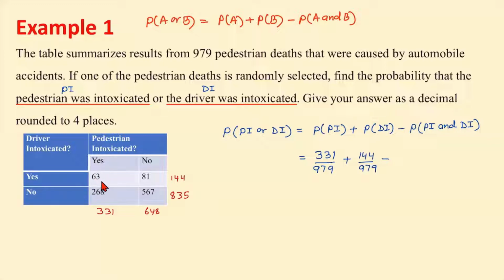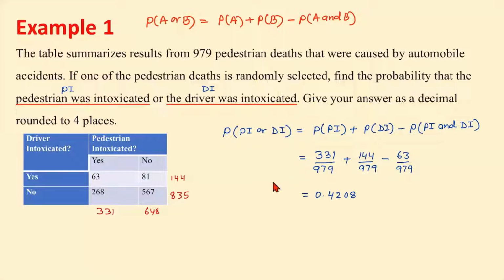So we subtract that, 63 over 979. Now, if you simplify this using a calculator, you should get 0.4208. So that is the probability that the pedestrian was intoxicated or the driver was intoxicated.